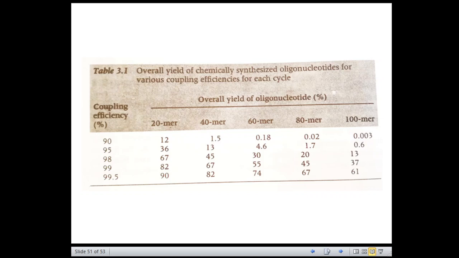Similarly, if a 60mer is synthesized with 99% efficiency at each cycle, then about 55% of the final product will contain 60 nucleotides. When the average coupling efficiency is less than 98%, the length of the final oligonucleotides that can be obtained is often limited.